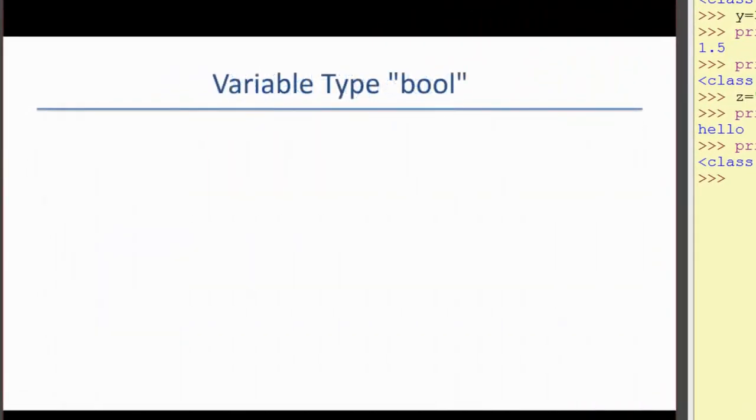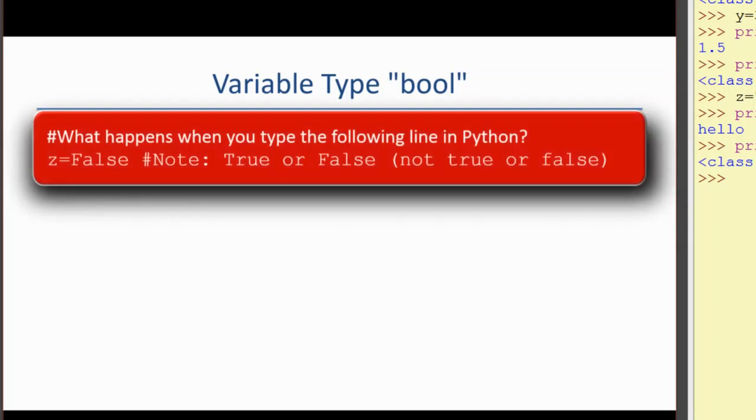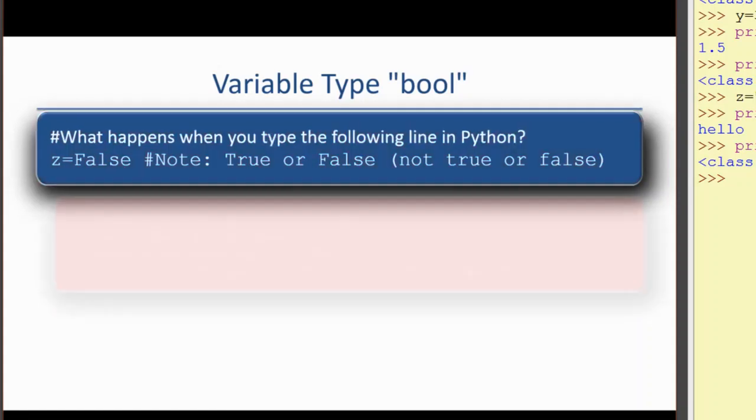Now let's look at the type bool. So what happens when you say z = False? Notice that in Python, True and False are both keywords and they both have capital letters. Make sure that you do not type them as true or false with lowercase letters.